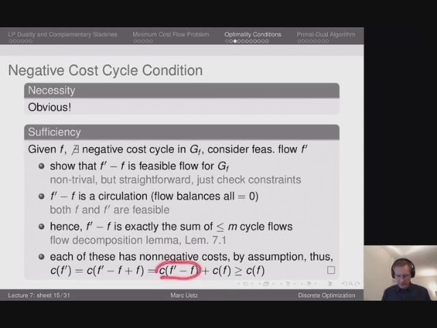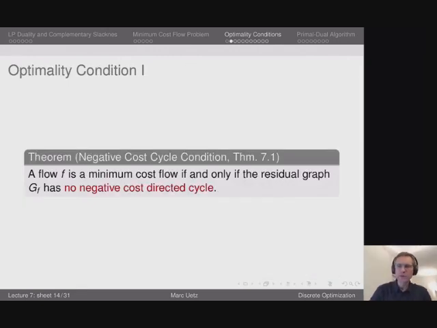So this thing here is non-negative. And therefore, this is at least as large as the cost of F. And that's exactly what we wanted to prove, because we wanted to show that F, our flow without a negative cost cycle in the residual graph, is cheaper than this arbitrary other flow F prime. And that's the end of the proof.